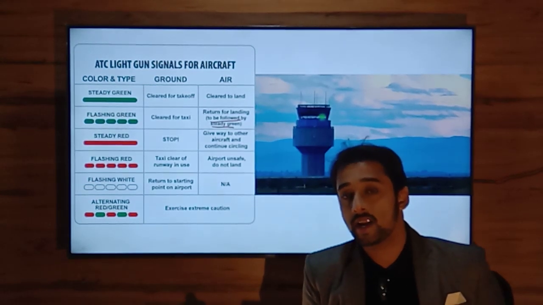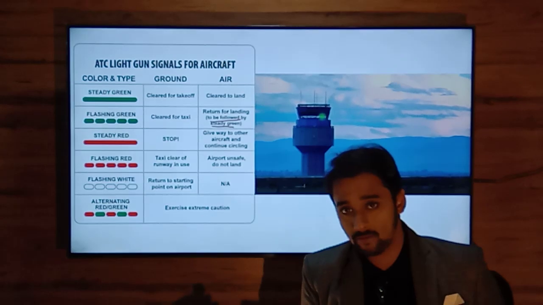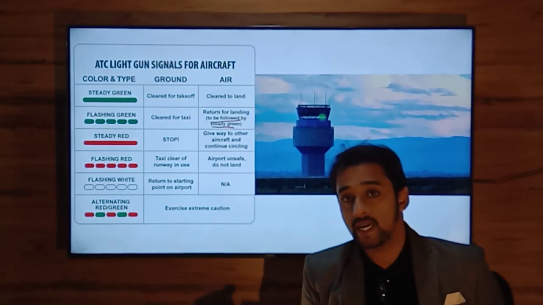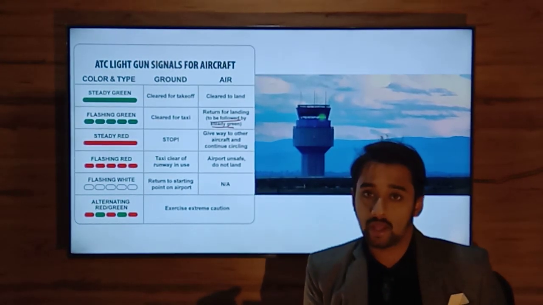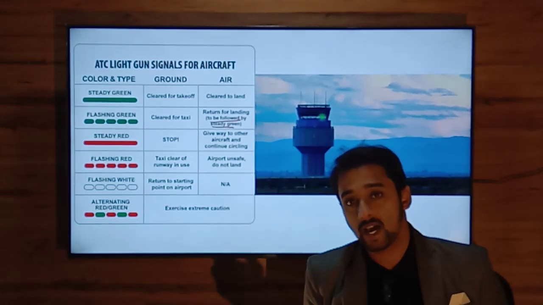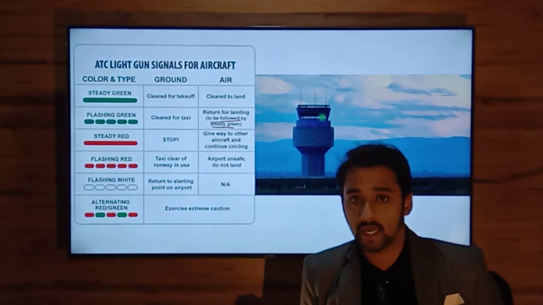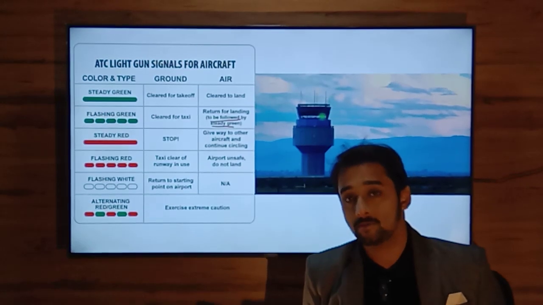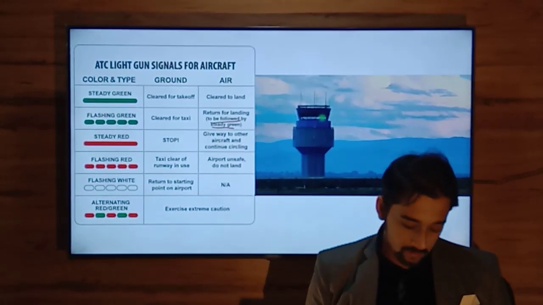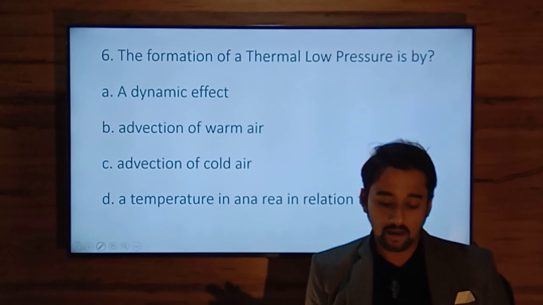But since you don't have functioning radio equipment, you will be given a steady green light, which means cleared for landing. So flashing green will always be followed by a steady green. This can also be a potential MCQ question, so remember this.